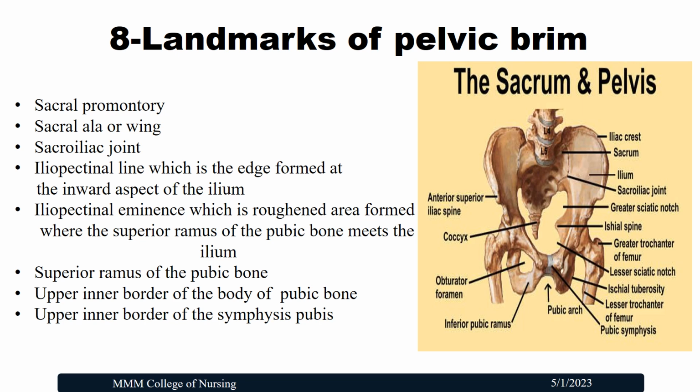Then the iliopectineal eminence, the superior ramus of the pubic bone, the upper inner border of the body of the pubic bone, and the upper inner border of the symphysis pubis. These are the landmarks of the pelvic brim.